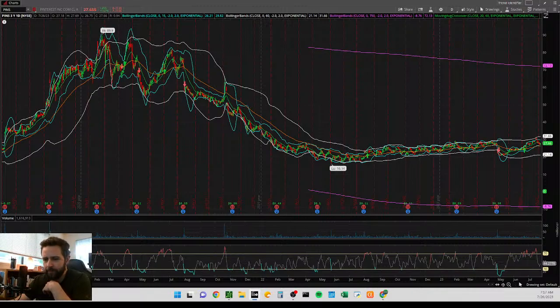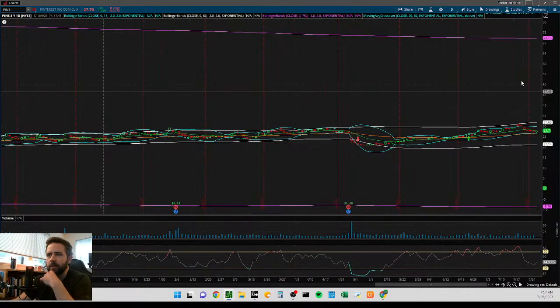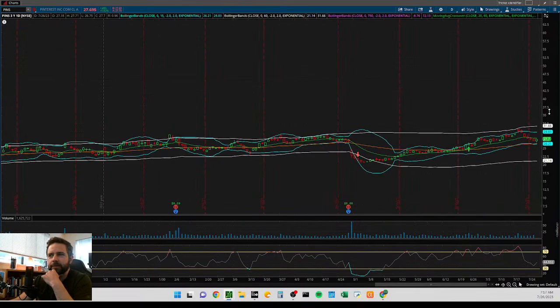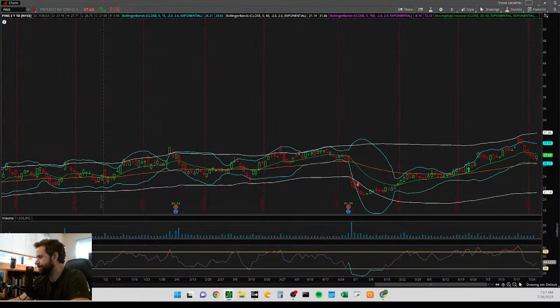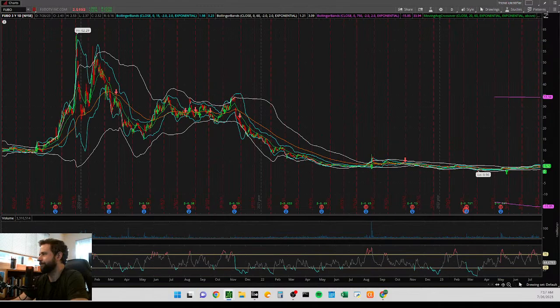I'm going to take a little more Pinterest off the table. Very nice. I need a better screen to broadcast, but I don't want to give away the keys to the castle. Fubo ripping.